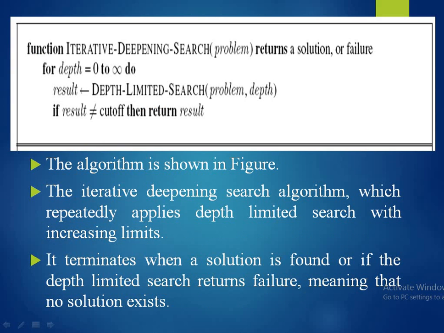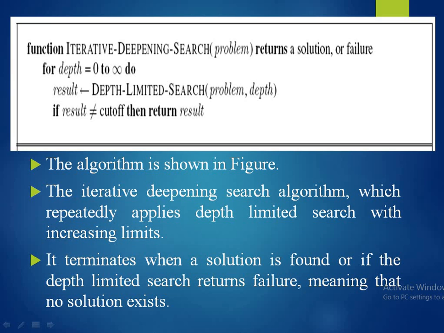So the algorithm for this iterative deepening search is provided here. Function iterative deepening search, problem, returns a solution or failure. For depth equal to 0 to infinity, do result is depth limited search, problem, depth. If result is not equal to cutoff, then return result.